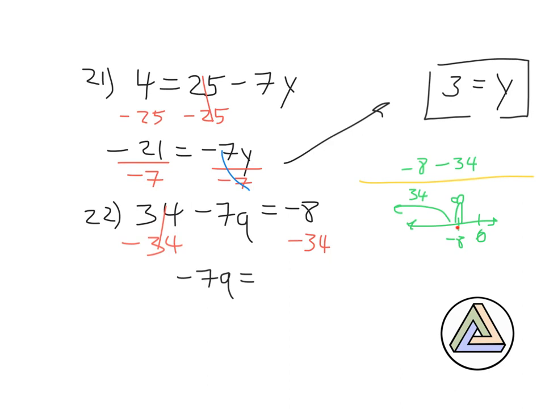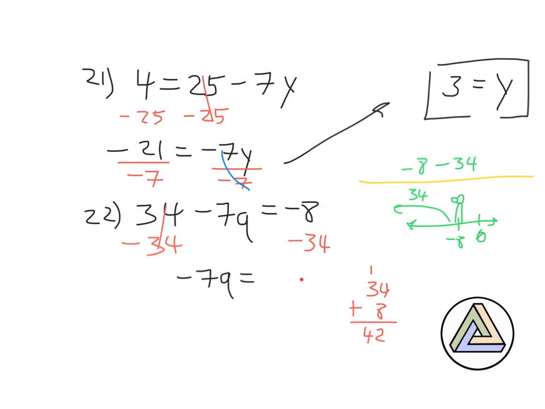So that's going to be negative 8 minus another 34, which really amounts to 8 plus 34, only in the negative direction. I'll say that again. This results in 8 plus 34, but only in the negative direction. So let's just figure out what 34 plus 8 is right now. 4 plus 8 is 12, so we have a units digit of 2, carry the 1, and then we have 3 plus 1, which is 4, so we have 42.